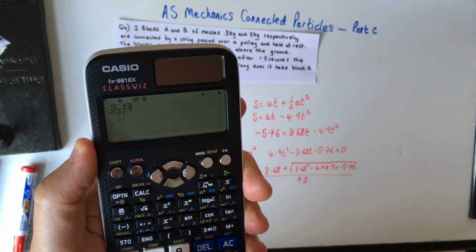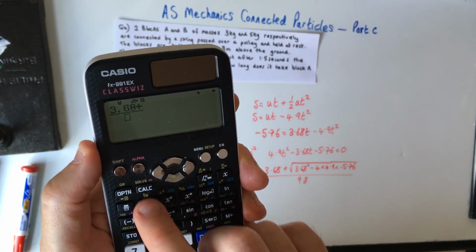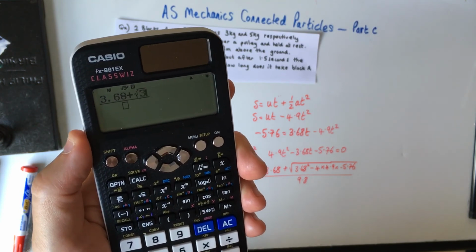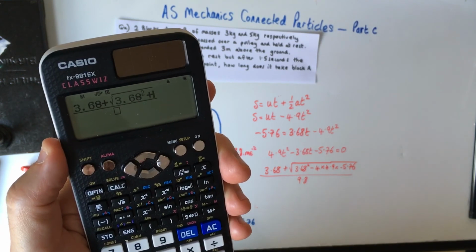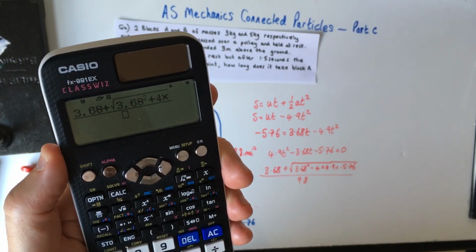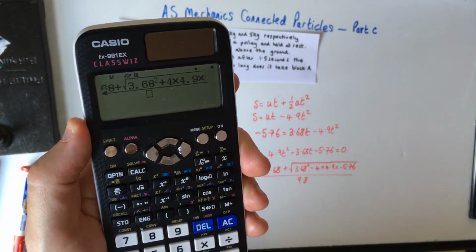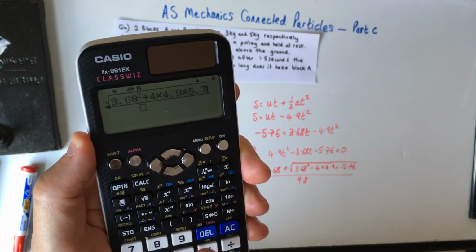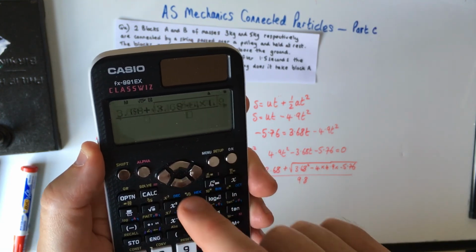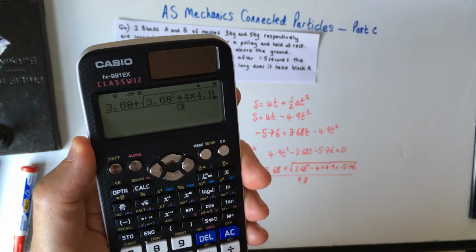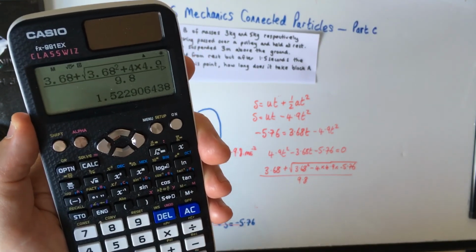So 3.68 plus the square root of 3.68 squared, and I'm going to put plus because it's minus a minus, plus 4 times 4.9 times 5.76, and I'm going to move that out and then down and put it all over 9.8, and when I press equals, that is going to give me the answer.